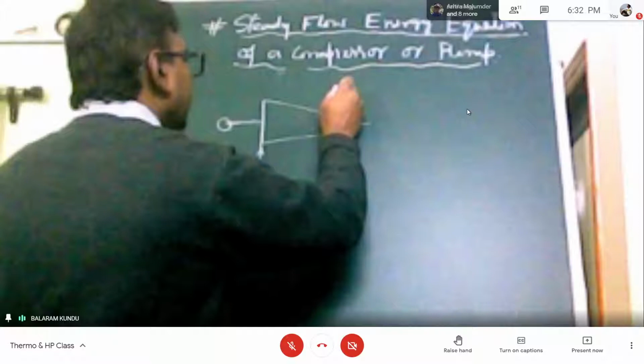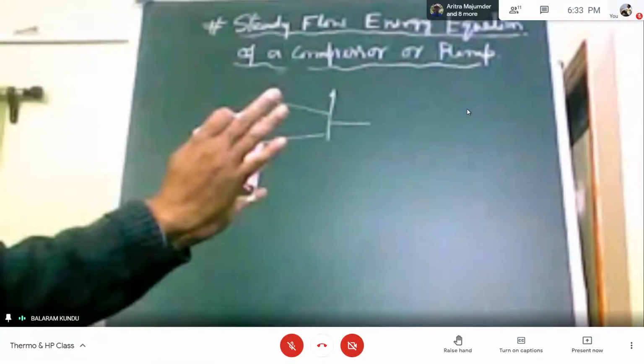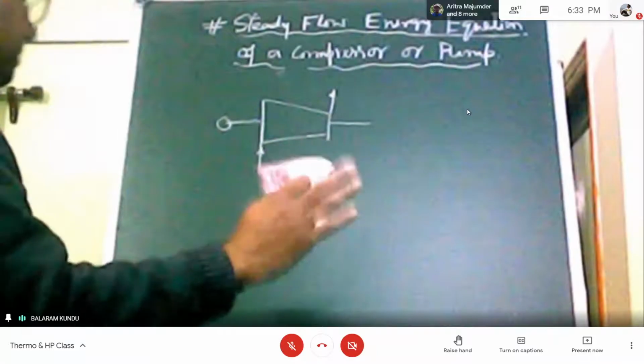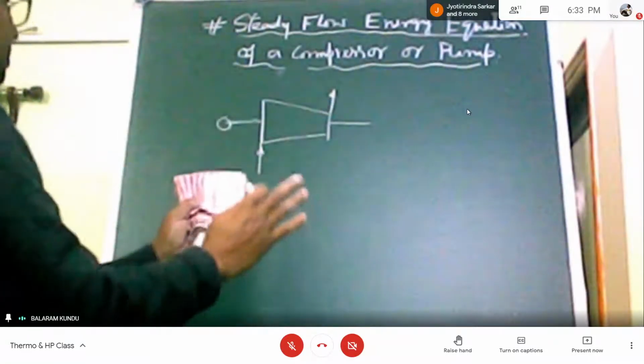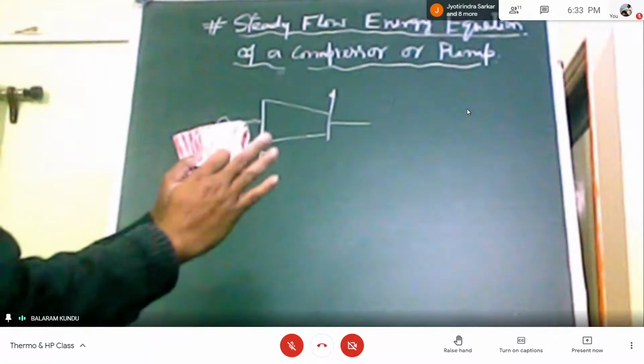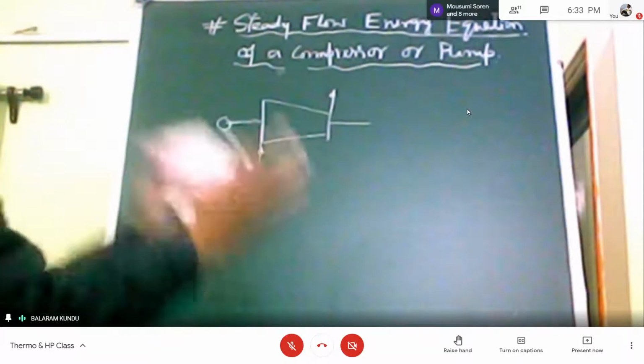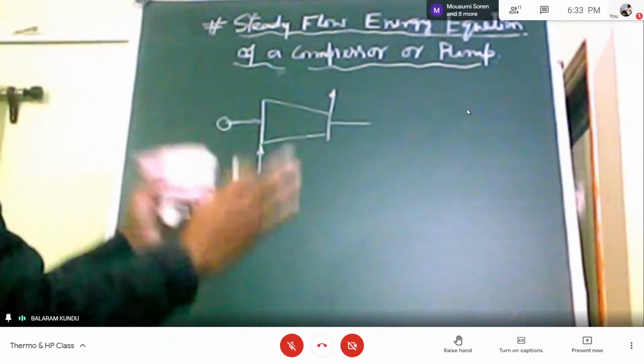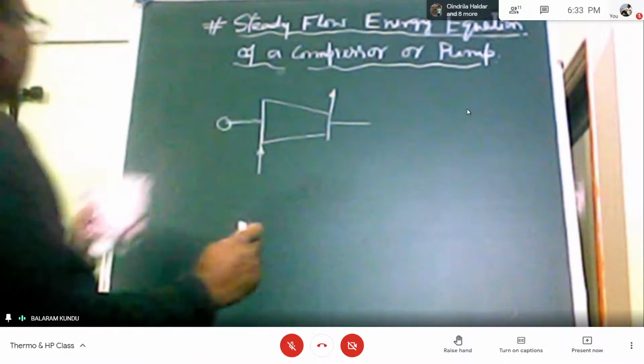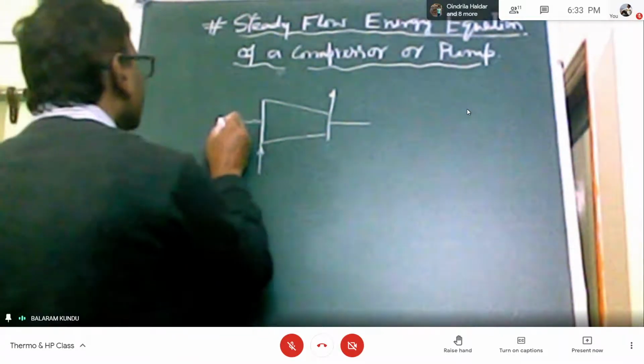Compressor means compress the fluid. So the compressor is used to increase the pressure of the working fluid. To run the compressor, the motor is necessary, the compressor is driven by the motor. So this is your motor.